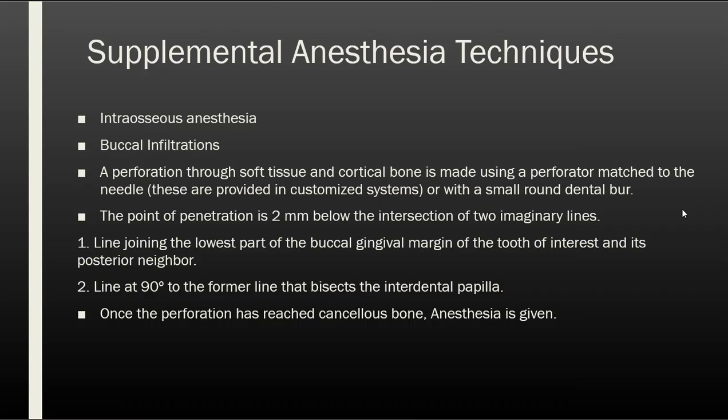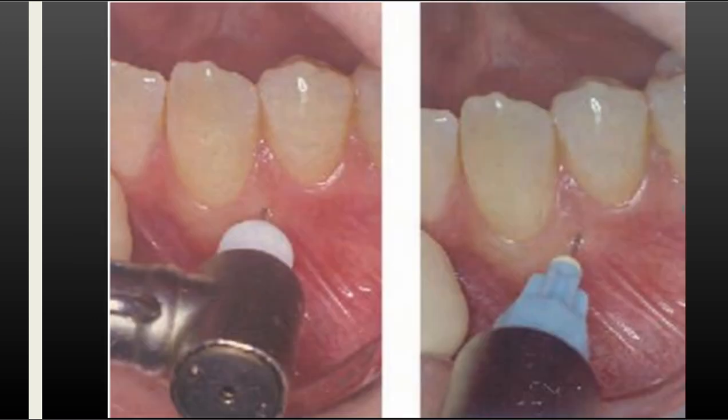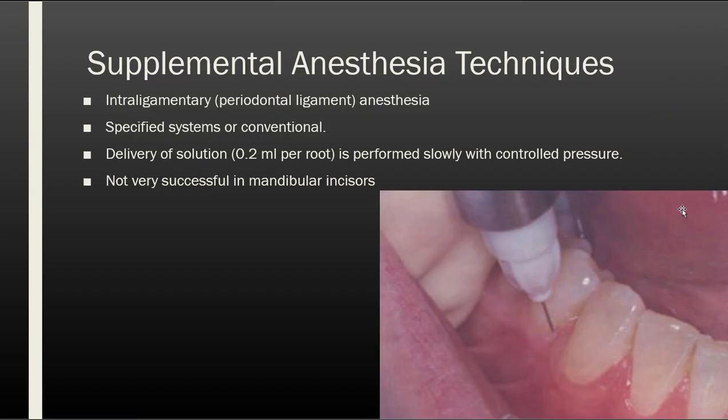Now, supplemental anesthesia, we can go for intraosseous. We make a buccal trough, and sometimes we have a specific system for it, or a small round bur to insert the needle there. We draw an imaginary line to go all the way into the tooth.